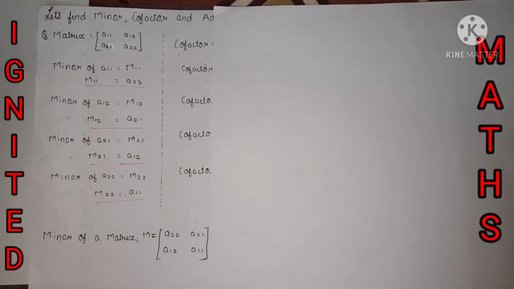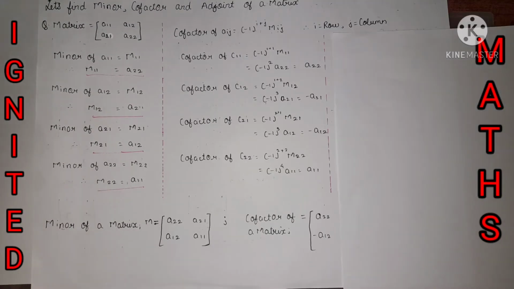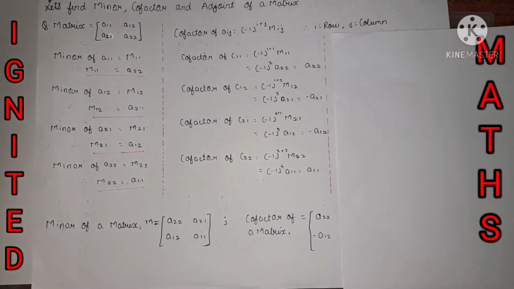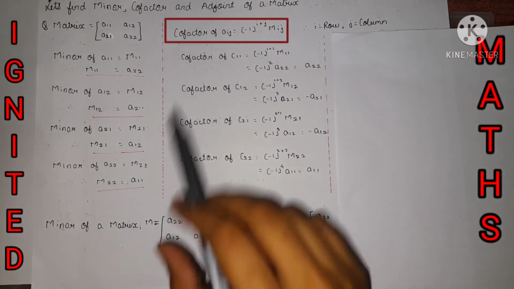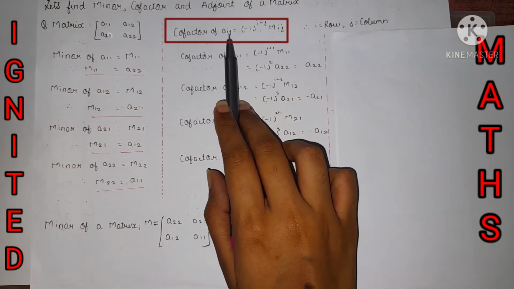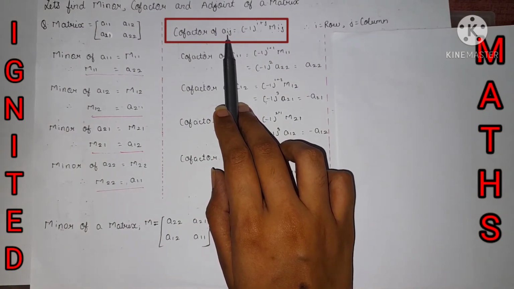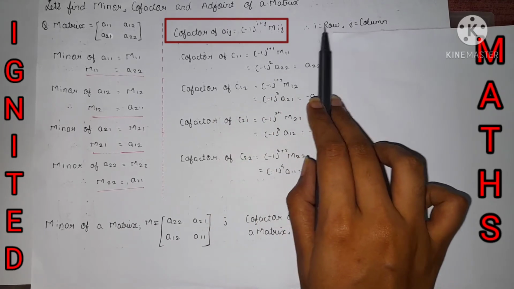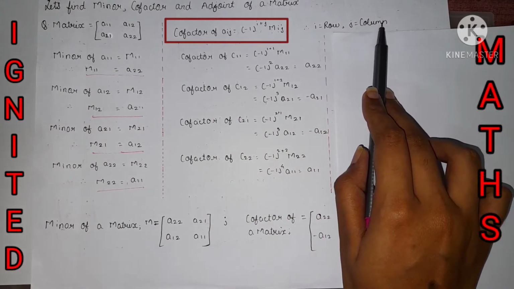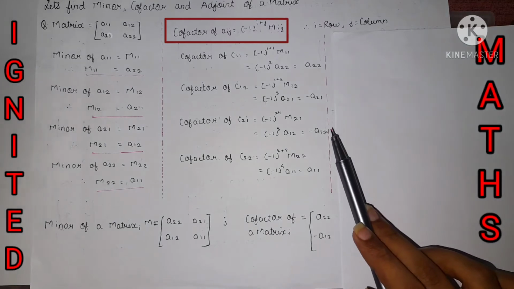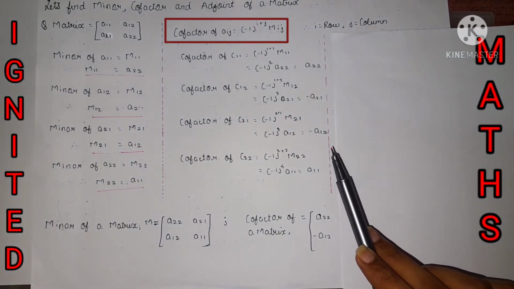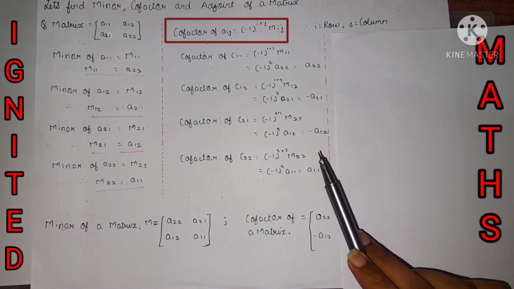Now let's start with the cofactor elements. To find the value of the cofactor, we have a formula for it, so let's read out the formula. The cofactor of the Aij term, that is the element placed at the respective row and respective column, where i represents the row and j represents the column. For the complete explanation of Aij, I have posted a video, so please go through the description link.